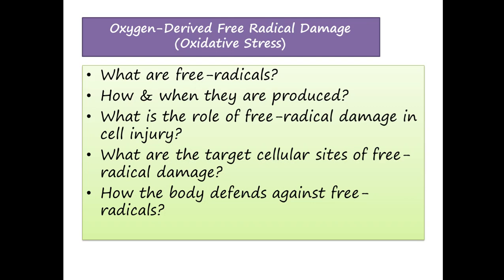In today's lecture we will discuss what free radicals are, how and when they are produced, what the role of free radical damage in cell injury is, what the target cellular sites of free radical damage are, and finally how our body defends against these free radicals.